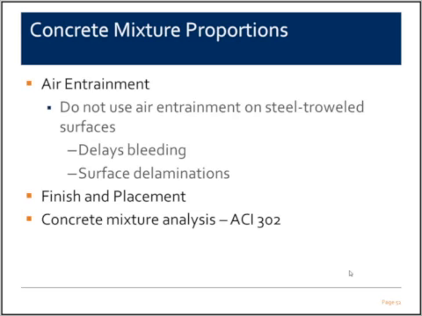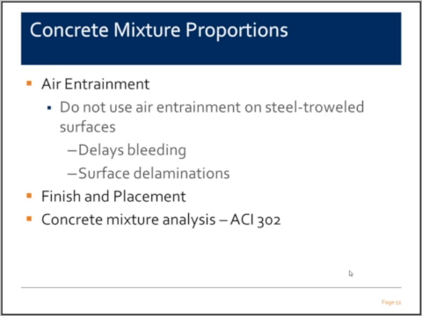Other considerations for concrete mixture proportions: one is air entrainment. We typically don't want to use air entrainment when we have a steel trowel surface. This leads to surface delaminations, and that can lead to surface texture problems. We also want to consider the finishability and placement of the mix.